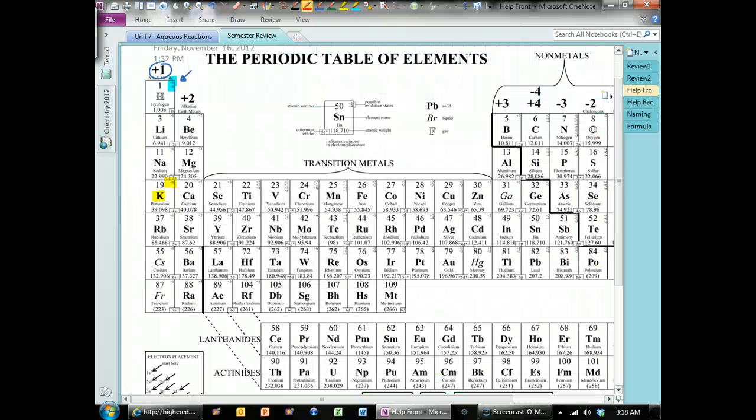Nickel, when we look on the periodic table, is found right here, and how we know it has multiple oxidation states is by looking here, and it has a +2 and a +3 possible charges. So it's got 2 possible charges, or multiple oxidation states.